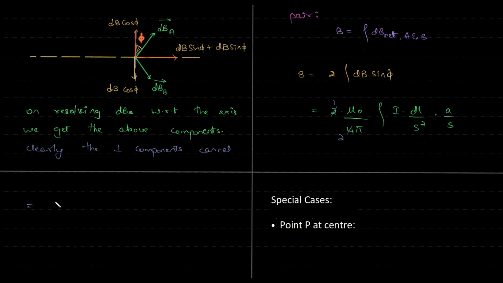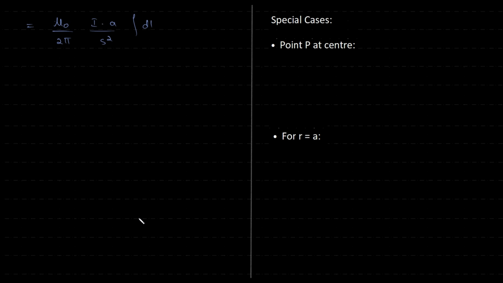This will be equal to mu naught by 2 pi I a s square integration of dl. So the integration of dl is, you just have to consider half the way. So this will be mu naught by 2 pi I a s square pi a.